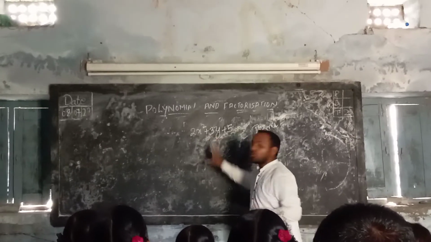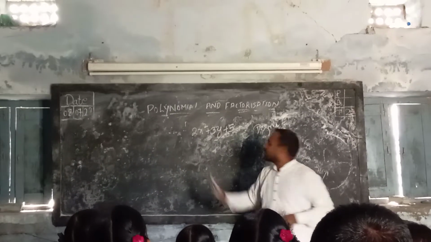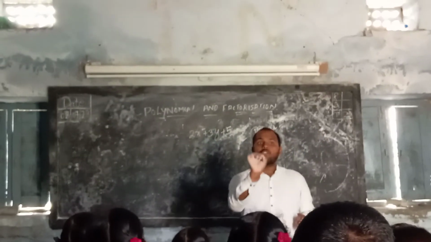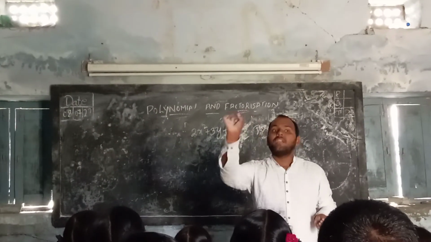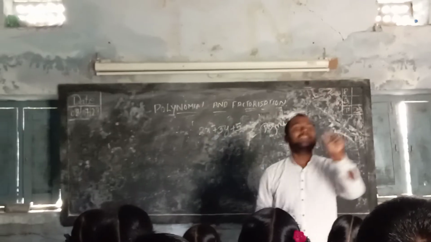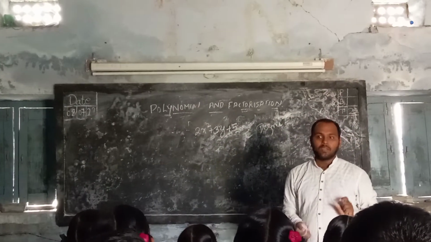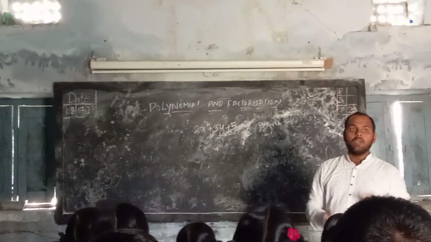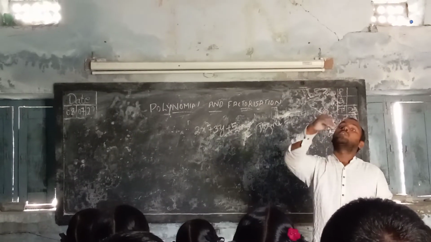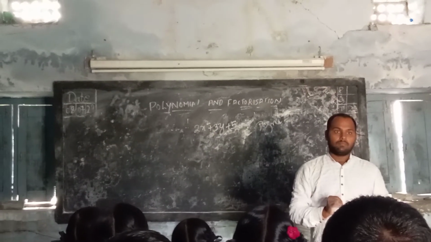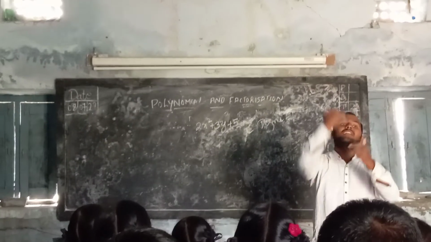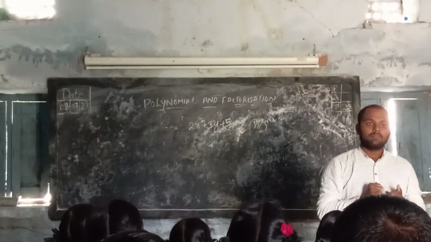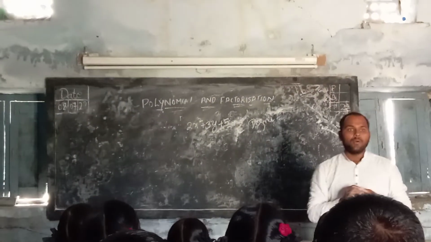This 3 is a coefficient, the coefficient of y. If the question asks what is the coefficient of y in the given expression, you should say 3. This is not the power. Power means anything raised. If any variable is raised a number of times, that is said to be a power. Understood? Yes or no? Yes, sir.